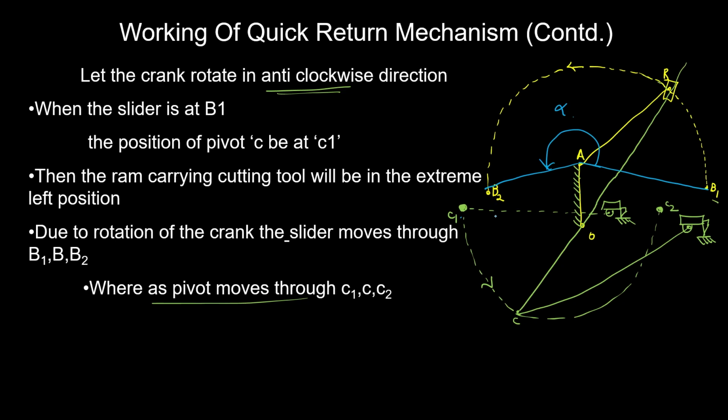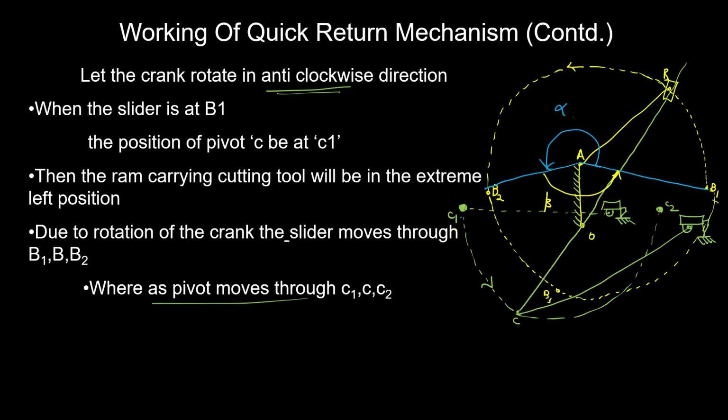Now here, the yellow color crank will be moving along this path, and it will be coming end to point B. So B2, you could call it B3 and B1. So during this motion, the idle stroke or return stroke is going to happen.